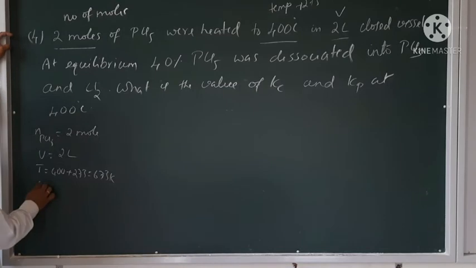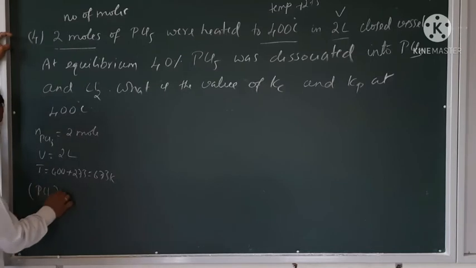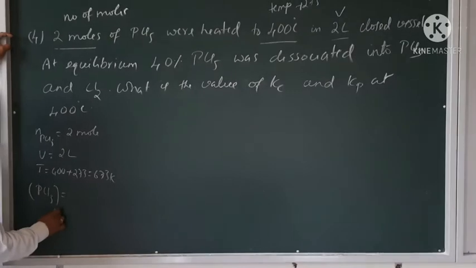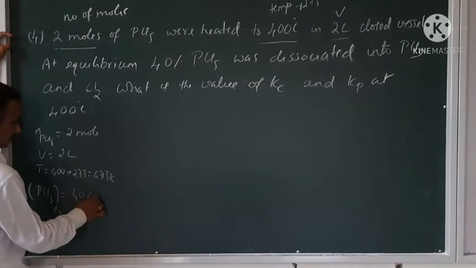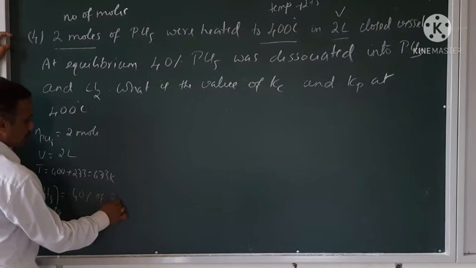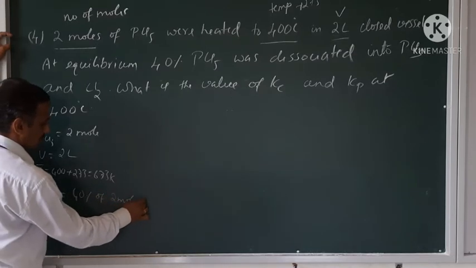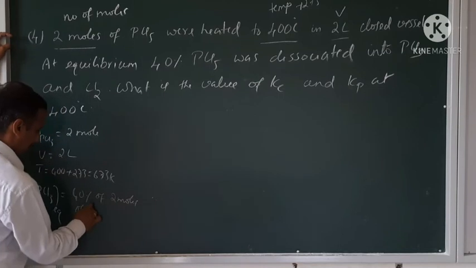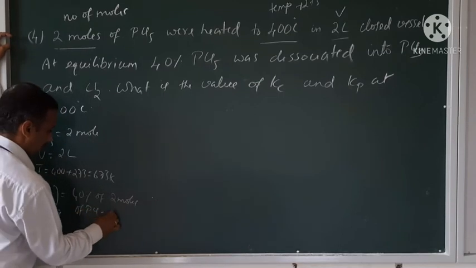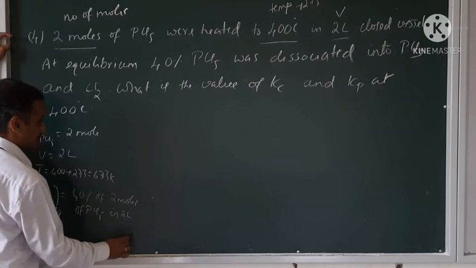We said at equilibrium, concentration of PCl3 is equal to 40% of 2 moles of PCl5 in 2 liter.